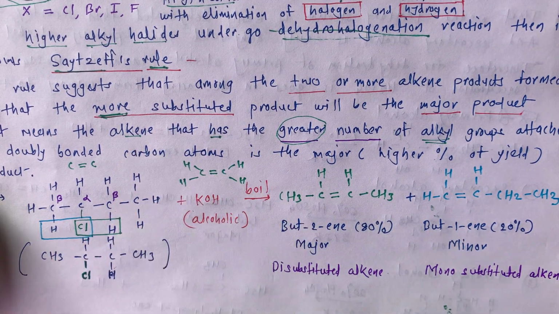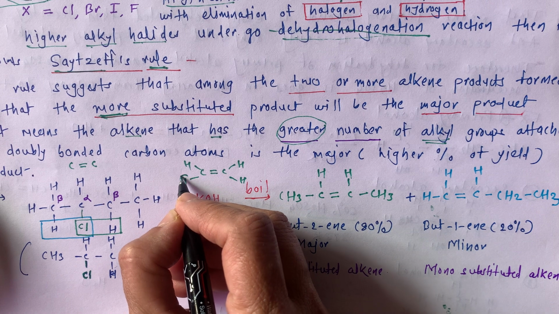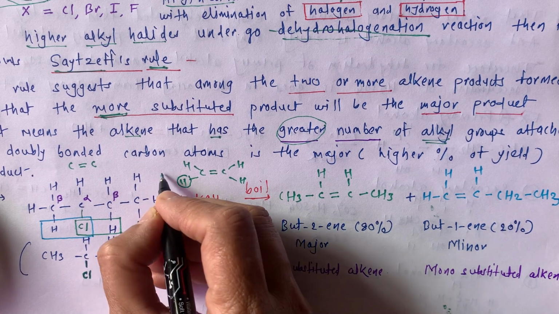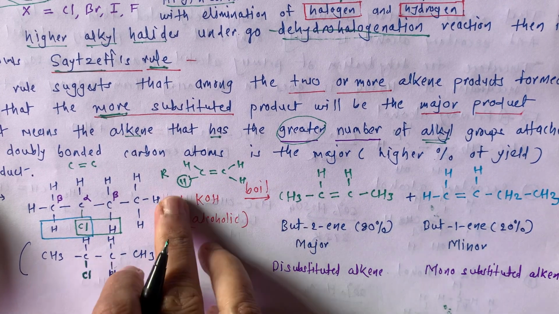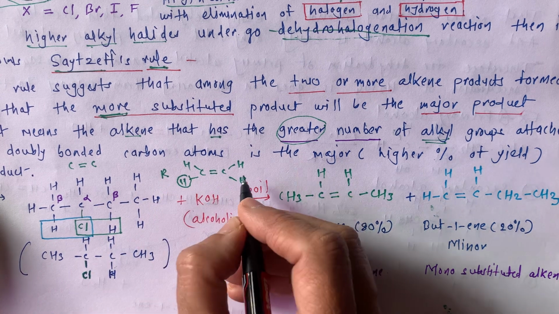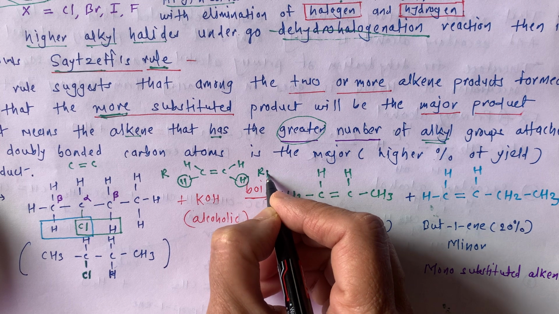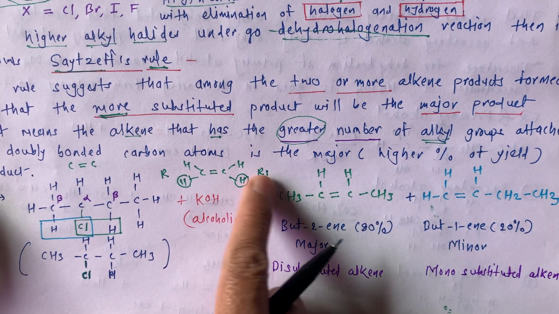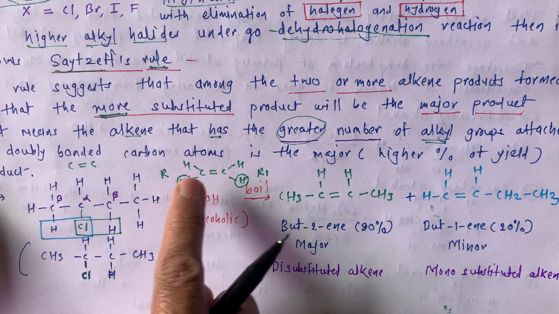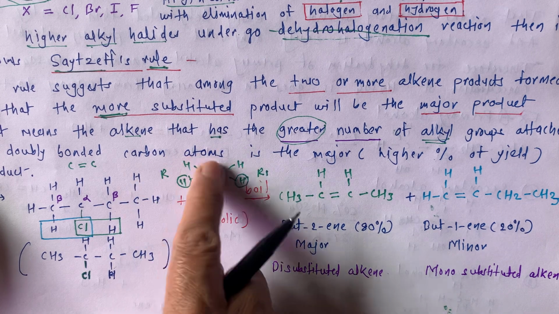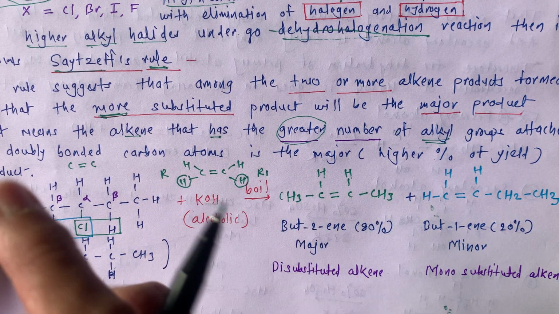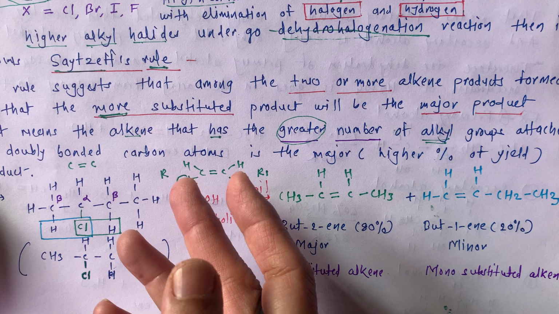Instead of these 4 hydrogens, if this H is replaced by any R group, then it is substituted. Similarly, if this H is replaced by another R group, then it is substituted. So when H is replaced by alkyl groups, that is highly substituted.